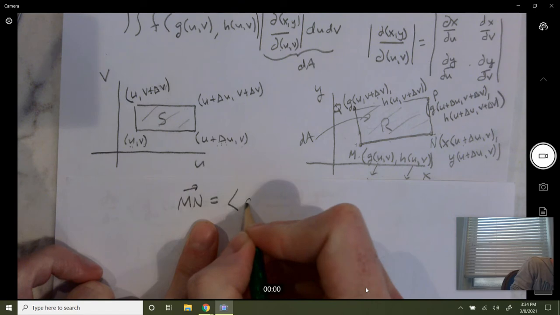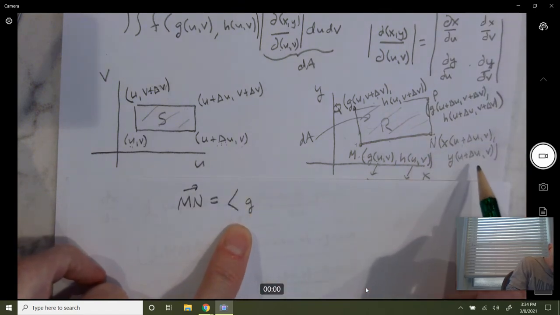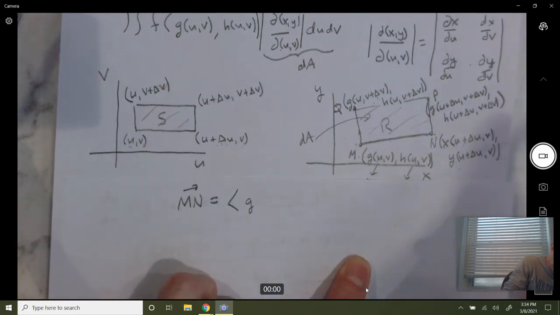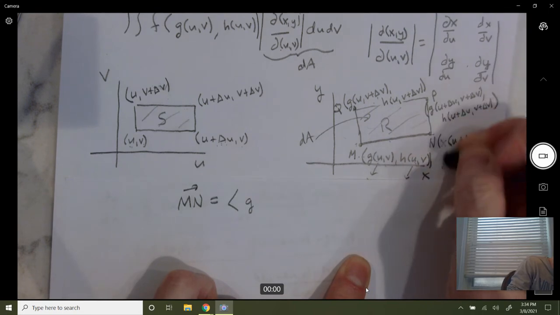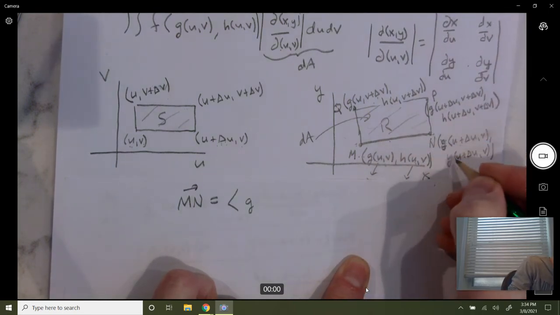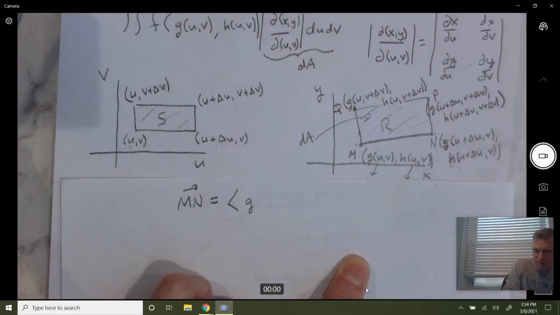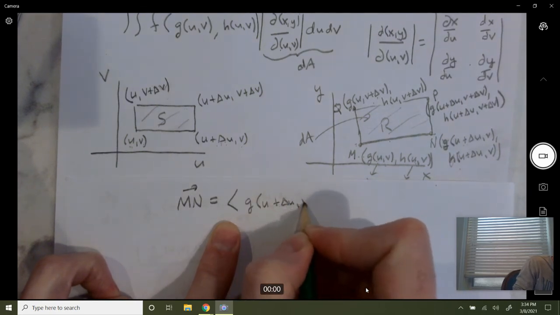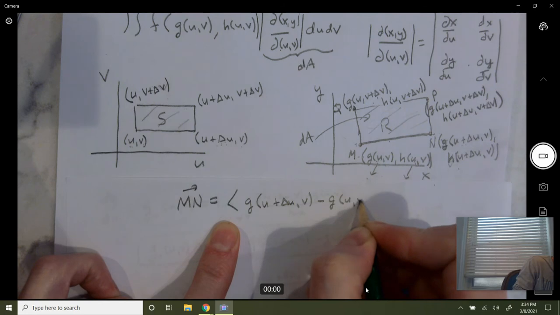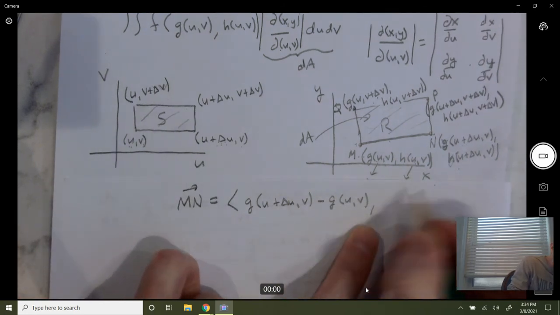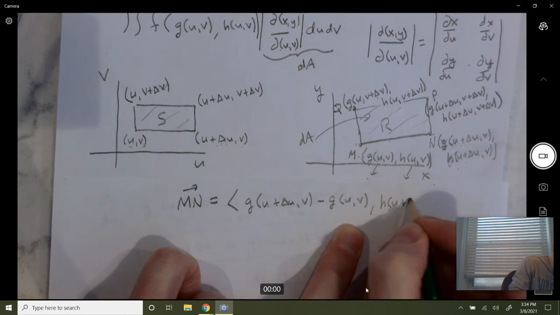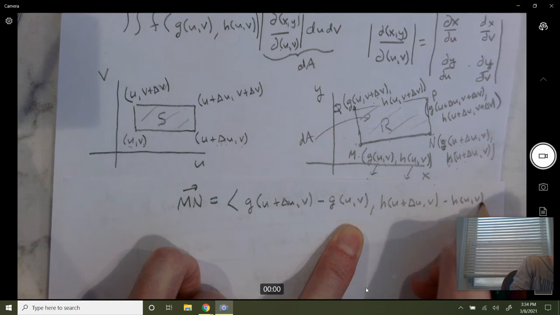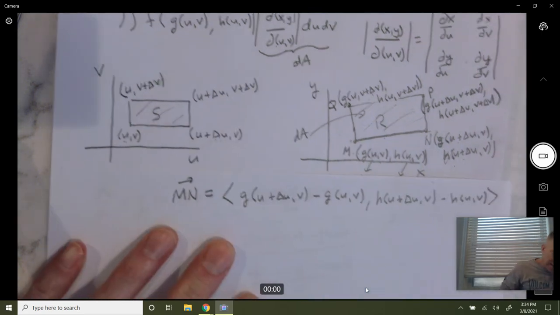So it's the vector G of... I should have called these G and H instead of X and Y. They're the same thing, still X and Y, but I'm going to call them G and H just to be consistent. So this is going to be G of (U plus delta U, comma, V) minus G of (U, comma, V), and then H of (U plus delta U, comma, V) minus H of (U, V). So there's your MN.